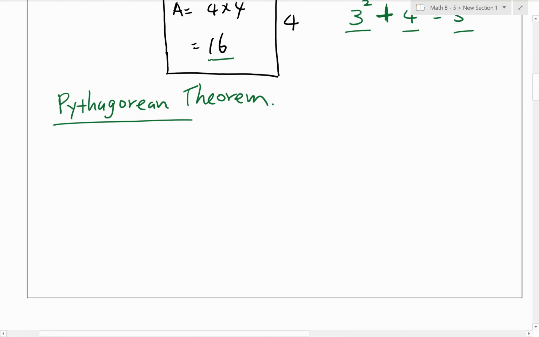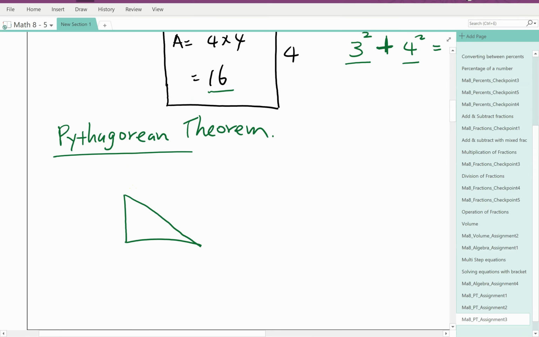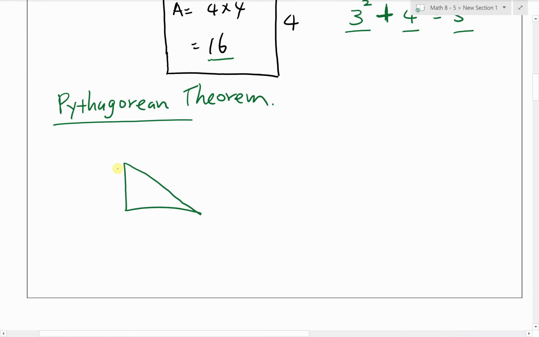So let me just show you another one. Let's say we have a triangle. If we have a square here and a square here, well, that's not really a square.